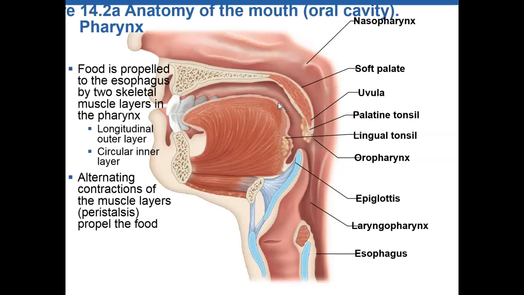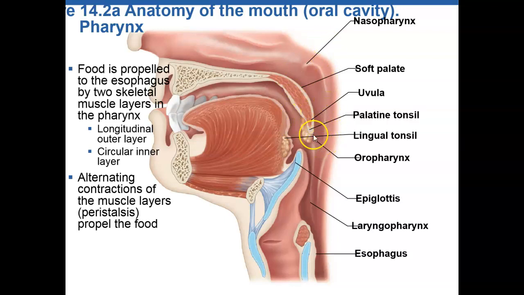So food gets propelled from the mouth into the pharynx, which you can see right here. And so here's your nasopharynx. We don't typically have food going up there. When food is moved from the mouth or the oral cavity, the soft palate and uvula flip upwards.